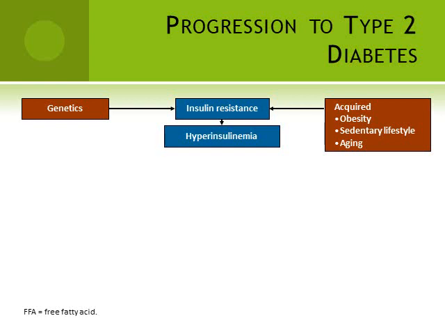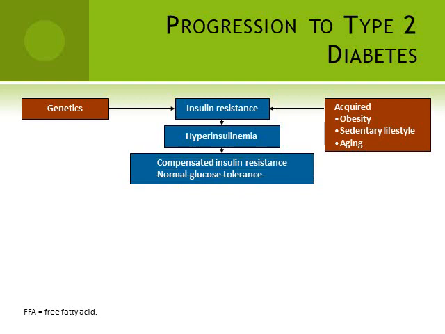The levels of insulin in the body are higher as compared to normal individuals to compensate for the insulin resistance. Once the condition persists, the compensated insulin resistance, for quite a longer time, maintains normal glucose tolerance.